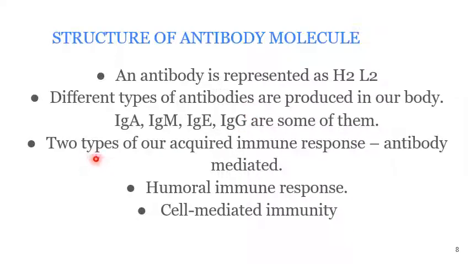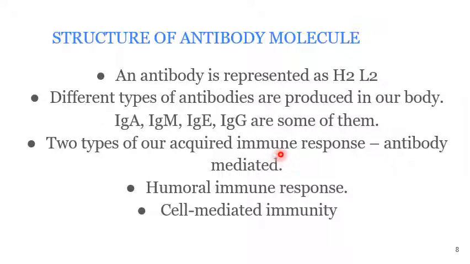Two types of acquired immunity responses are possible. Acquired immunity refers to the response given by the body due to the presence of weakened or dead pathogens or chemicals added to our body. We acquire it, we get it.